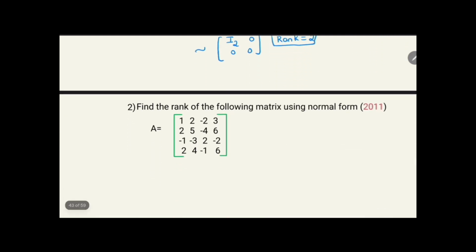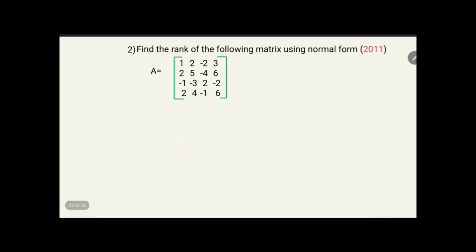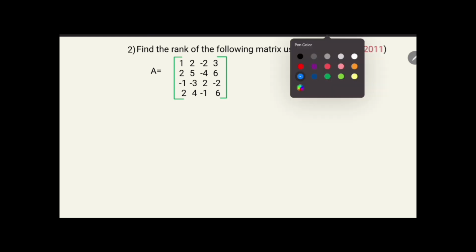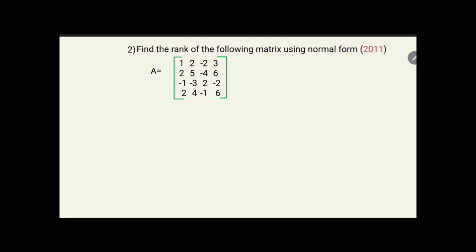Now let's go to the second problem. Find the rank of the following matrix using normal form. This has been given in the 2011 question paper. So this is the matrix. I will rewrite this matrix once again clearly.